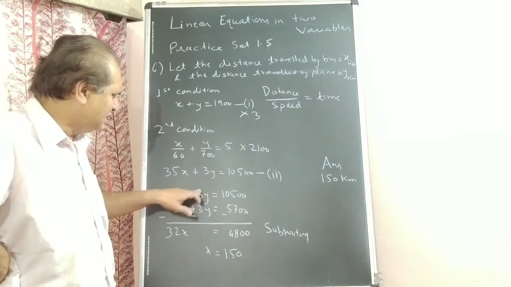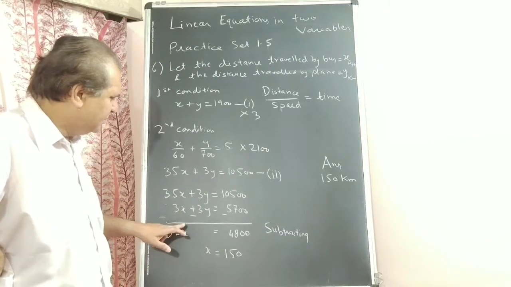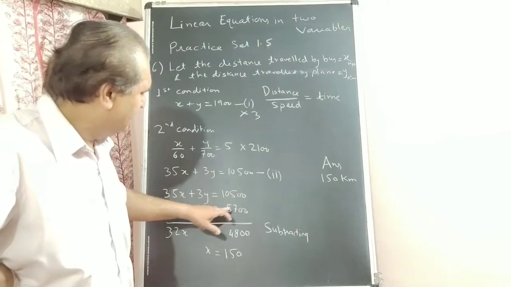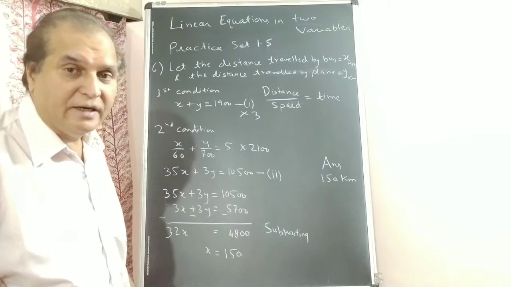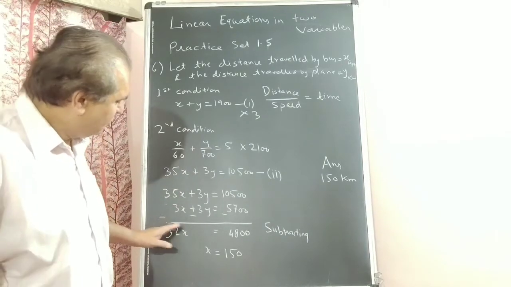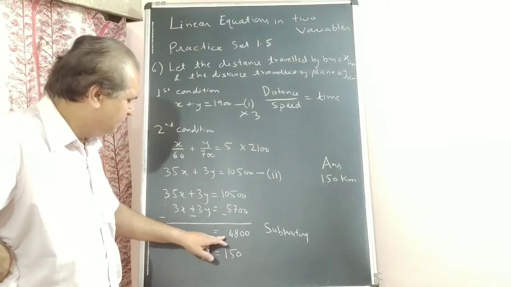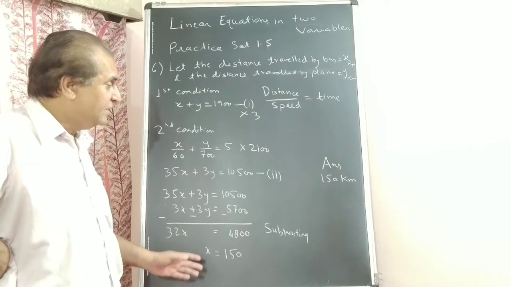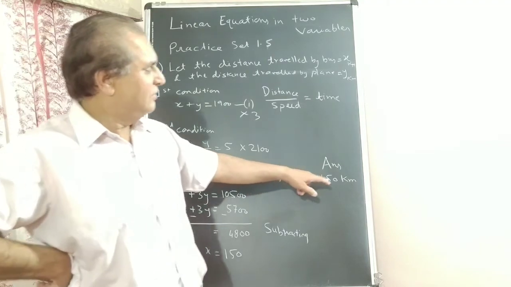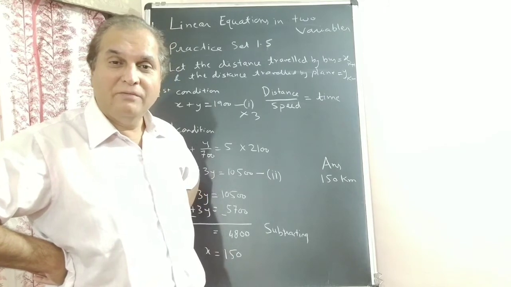Subtracting, plus 3y minus 3y cut. 35x minus 3x is 32x. 10500 minus 5700 gives 4800. So 32x equal to 4800, x is equal to 4800 divided by 32, that comes to 150. That is the answer: 150 kilometer is the distance traveled by bus by Vishal.